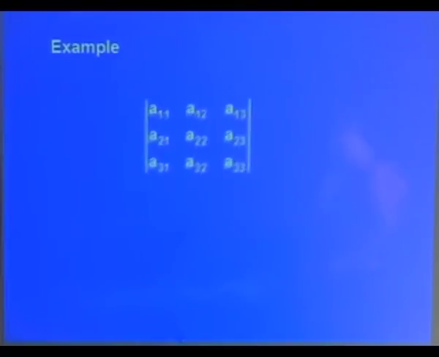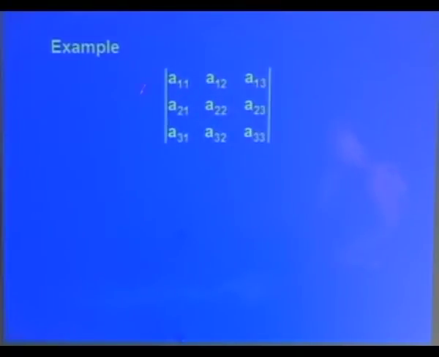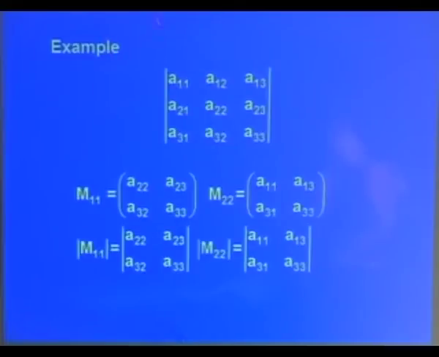For example, if I have this 3 by 3 matrix, then if we denote it by M11, it is obtained as the determinant of this 2 by 2 square submatrix, while M22 is the minor of this element, and this submatrix is obtained by deleting this row and this column, and what we have is this minor.